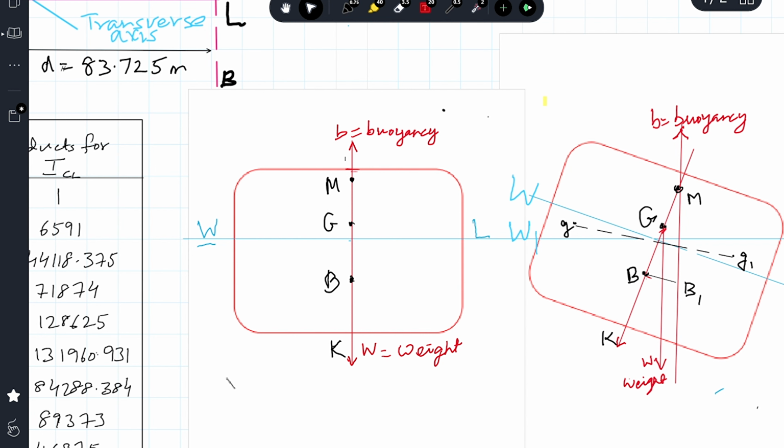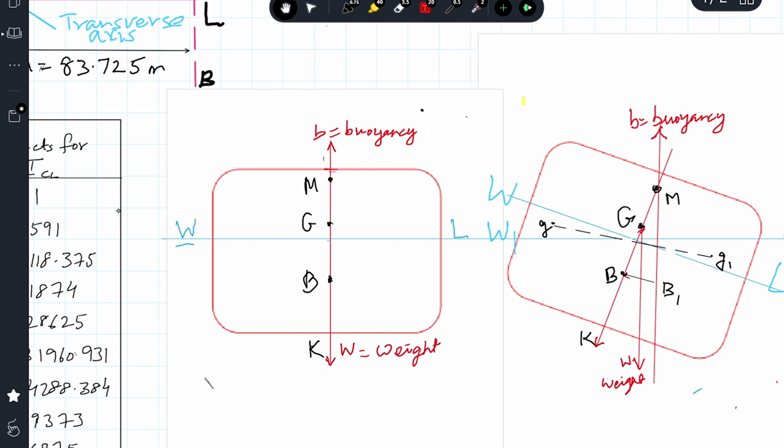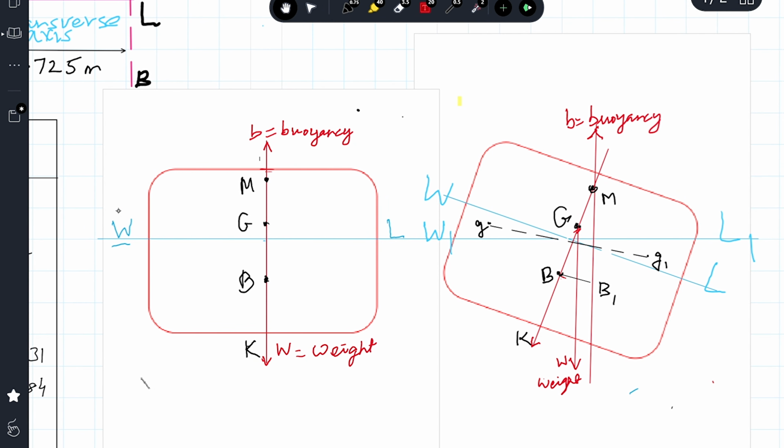You see the same ship is now heeled to starboard side due to external forces. So the center of buoyancy shifted from B to B1. Now the vertical which we draw up from B1 meets the center line of the vessel at M. This is the transverse metacenter.